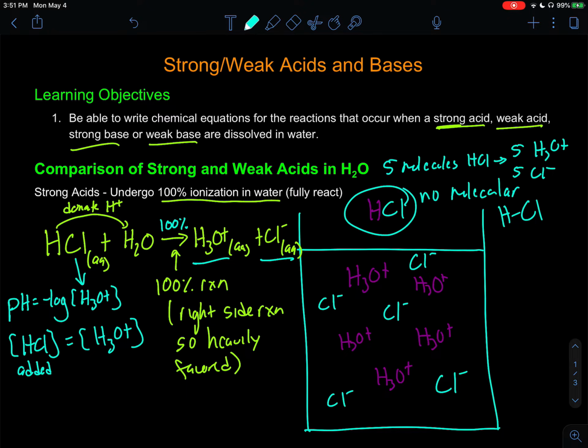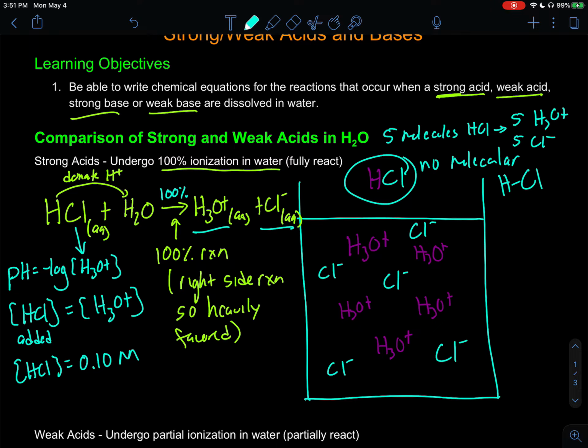For example, if I have a concentration of HCl of 0.1 molarity, that would mean I have a concentration of H3O+ of 0.1 molarity. All of that has reacted, so all of the HCl has now become H3O+. And so our pH would be the negative log of 0.1, or 1.00. That would be the pH of our solution when we're looking at this strong acid, and again, thinking about this idea of 100% reaction.